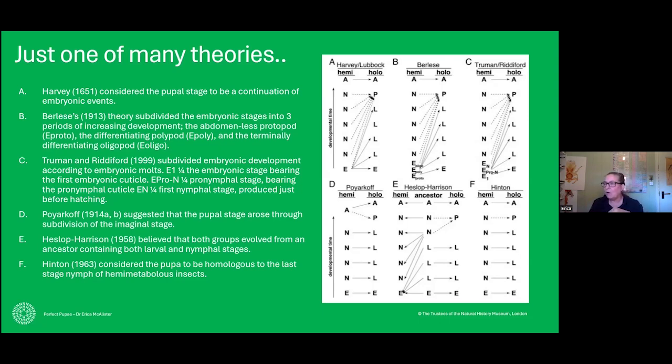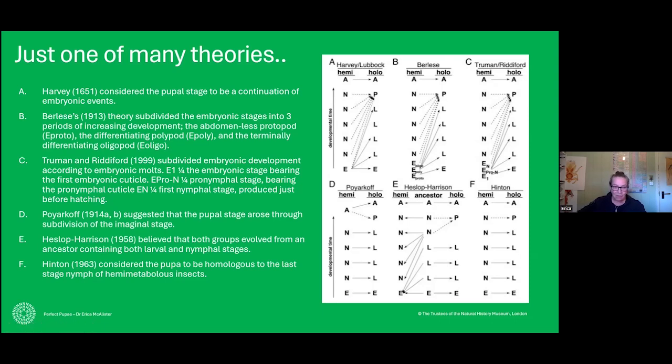You've then got one suggesting the pupal stage, this is number D, the Polyakov. I can never say that, I'm very sorry. Arose from a subdivision of the imaginal stage. You've got a rather bonkers one from Heslop-Harrison, because we obviously know that the holometabolists evolved from the hemimetabolists, but this is suggesting a common ancestor of both.